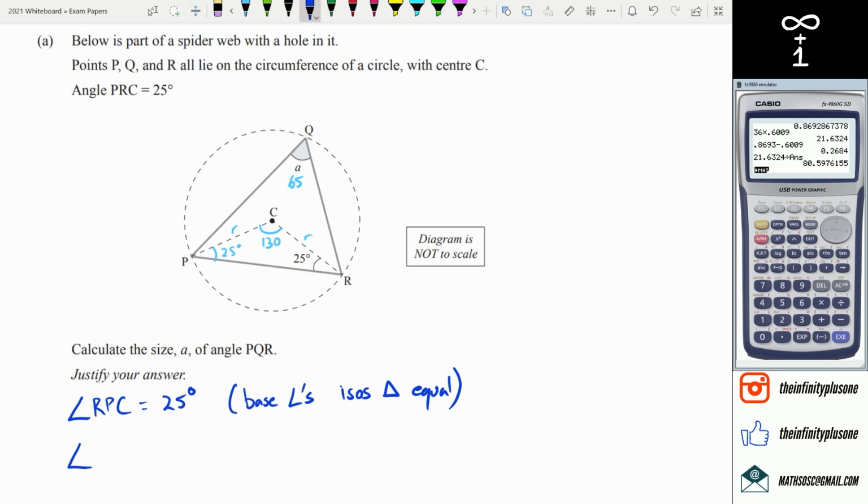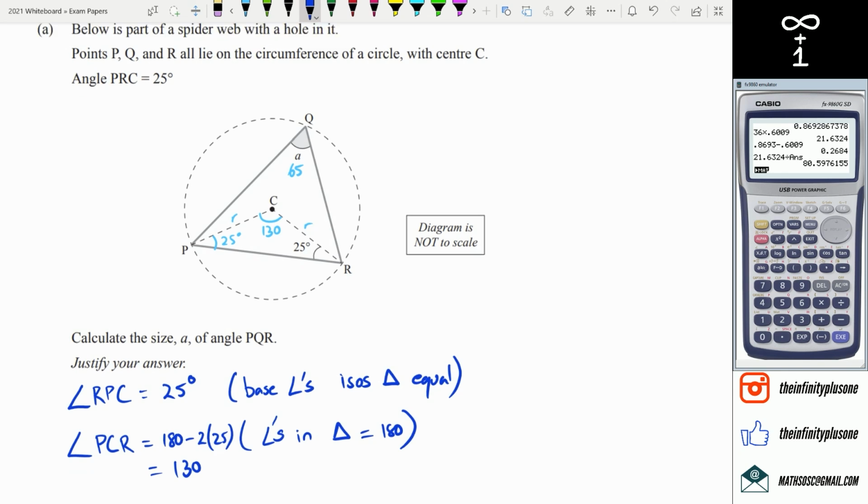Then I'm going to say angle PCR equals 130 degrees because angles in a triangle equal 180. You could also add that extra line: 180 minus 2 times 25 to get to 130.